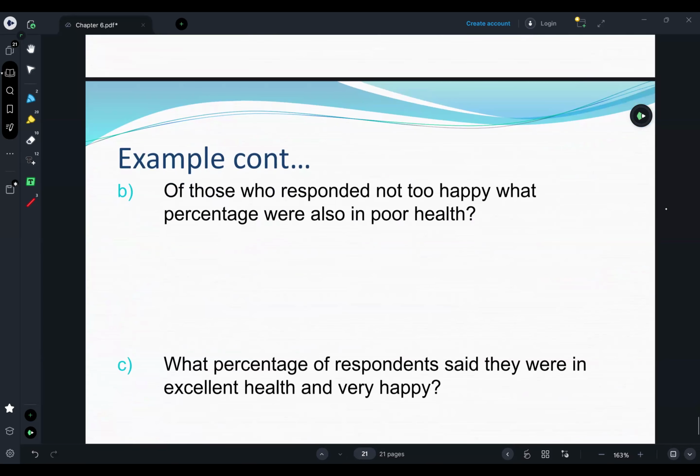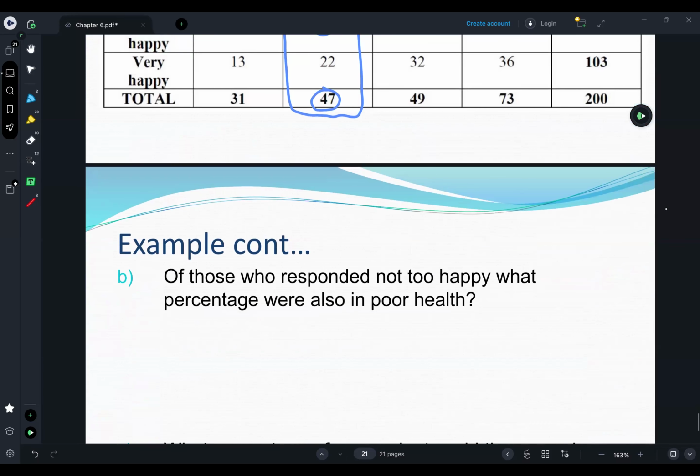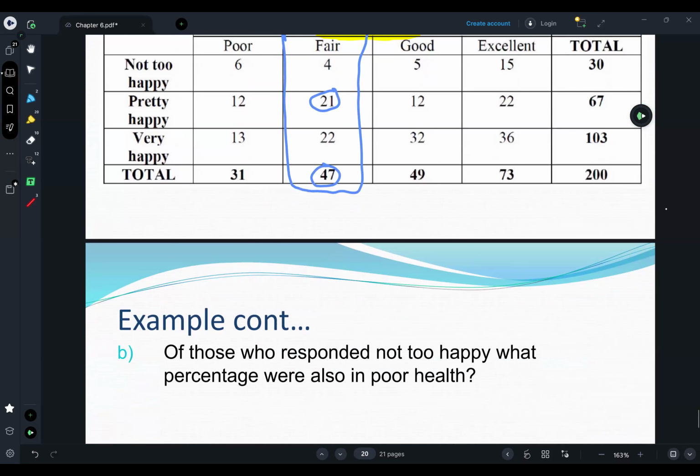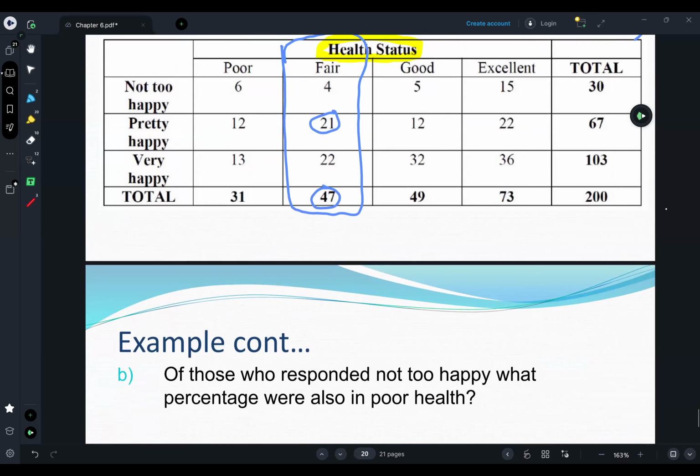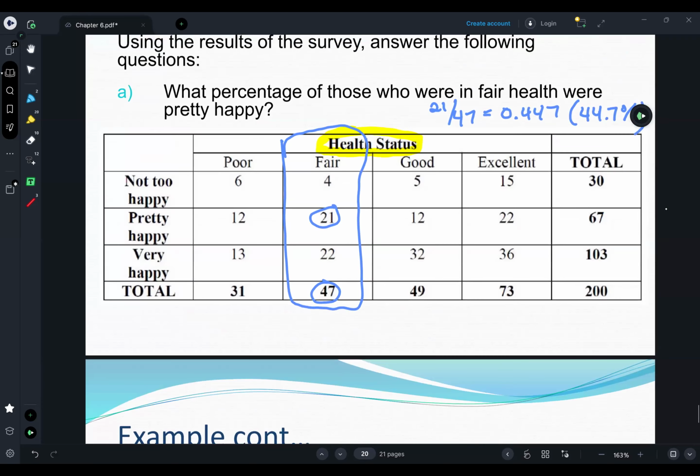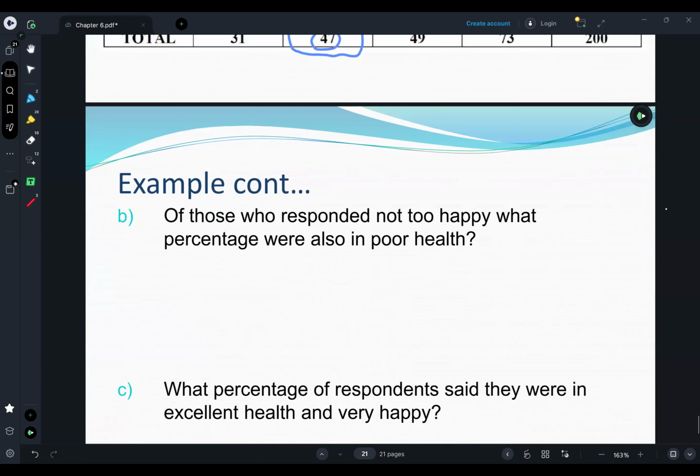What about part B? Of those who responded not too happy, what percentage were also in poor health? So of those who responded not too happy, that's this row.